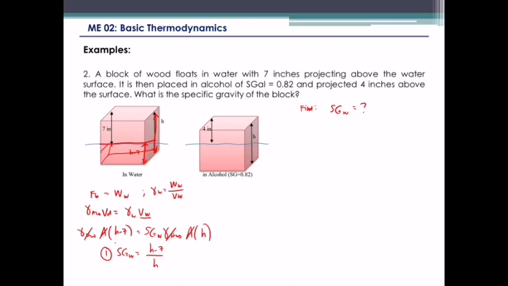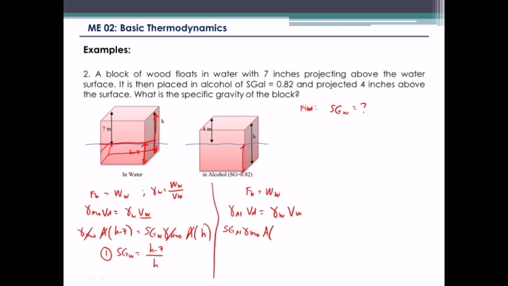Next, in alcohol, the same thing happens since it is still floating. Fb is equal to weight of the wood. Gamma of the fluid, which is alcohol, Vd. Gamma of wood, volume of wood. Now, for alcohol, gamma of alcohol is SG of alcohol, gamma of water. The volume displaced is area times the submerged part.